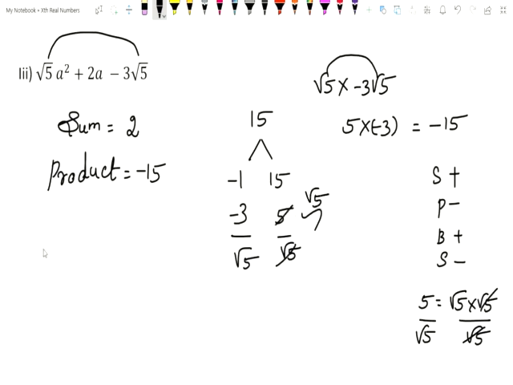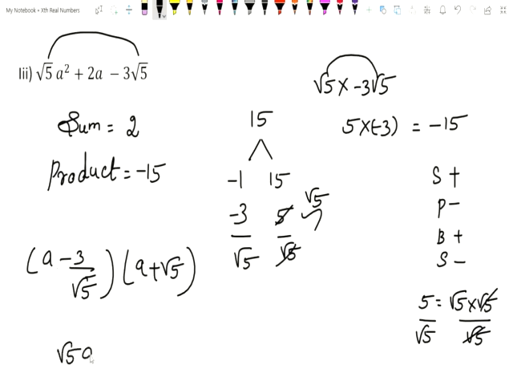So here the variable is a. So (a minus 3 by root 5) into (a plus root 5). Just cross multiply: (root 5 into a minus 3) into (a plus root 5).